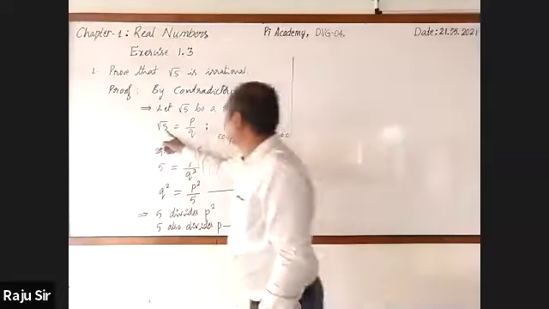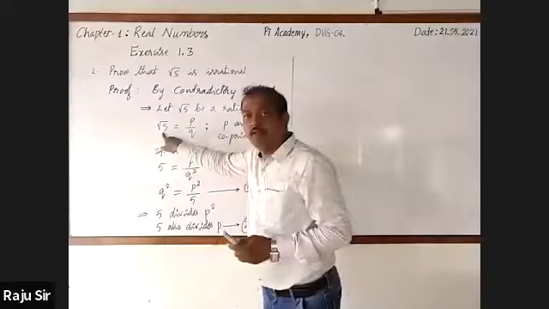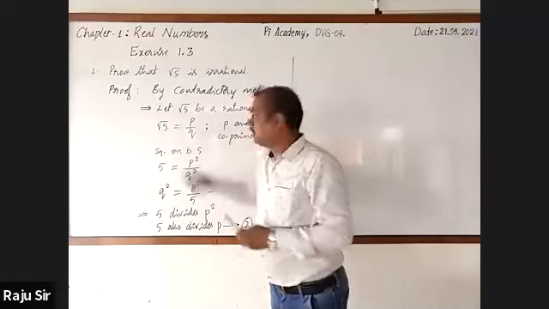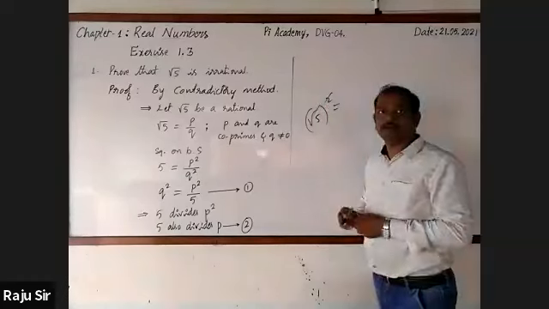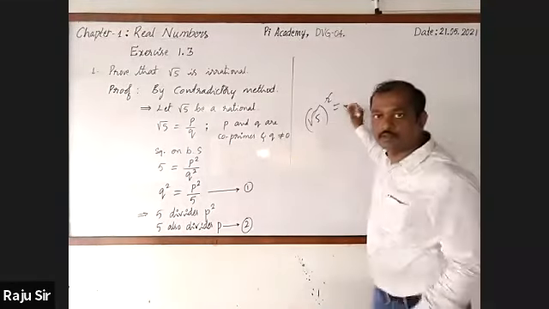Sir, that is 25, no, sir? Squaring on both sides, no. Just observe here, it is root 5. Root 5 whole square, square and root get cancelled, you will get 5.